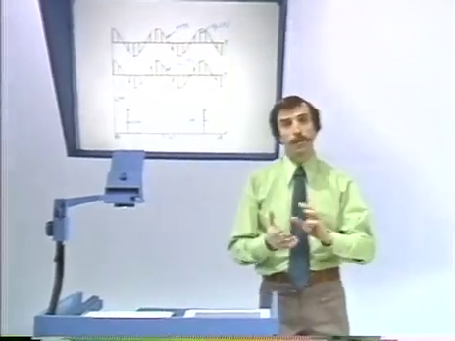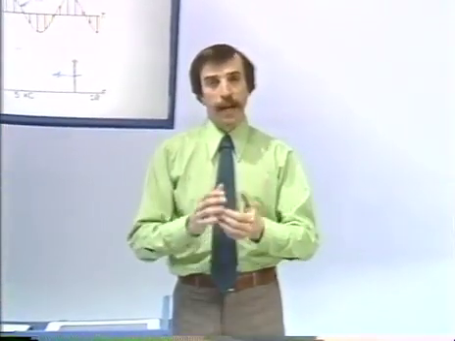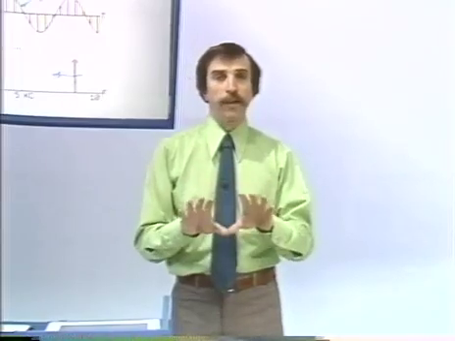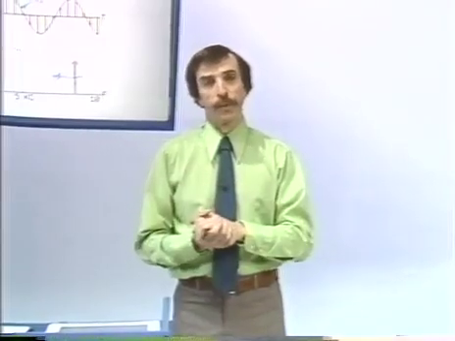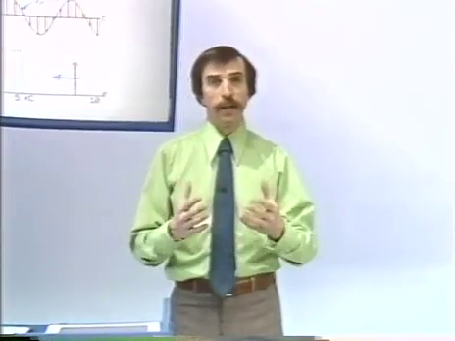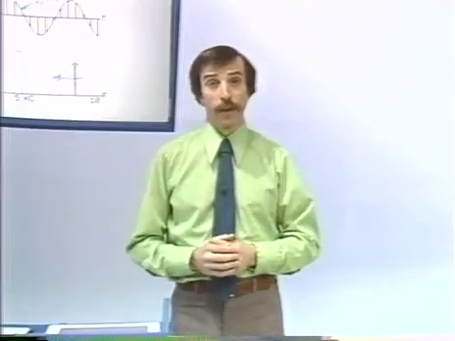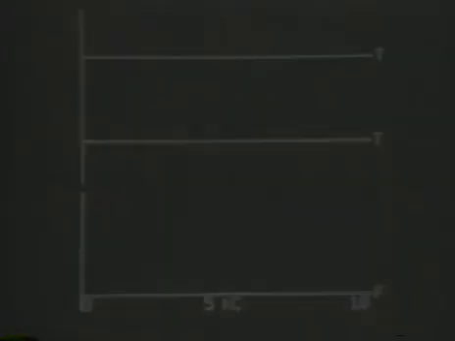In the first part of this movie we'll see the input x of t and the reconstructed signal x sub r of t without explicitly showing the samples. Then at a later point, we'll also show this and indicate that, in fact, the samples of those two are equal, even though the signals themselves are not.